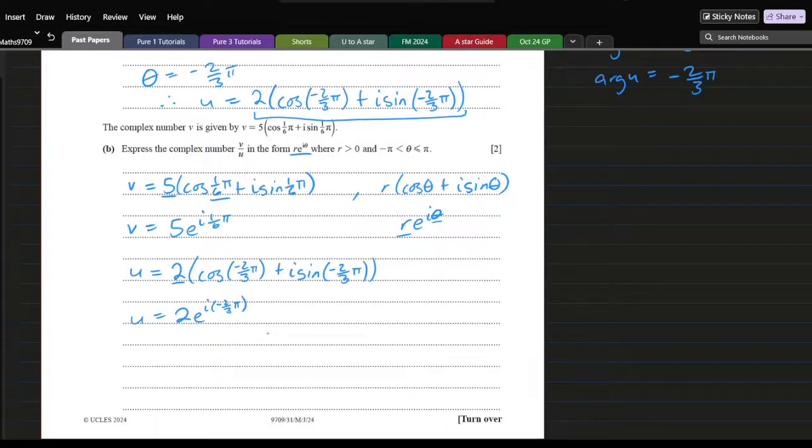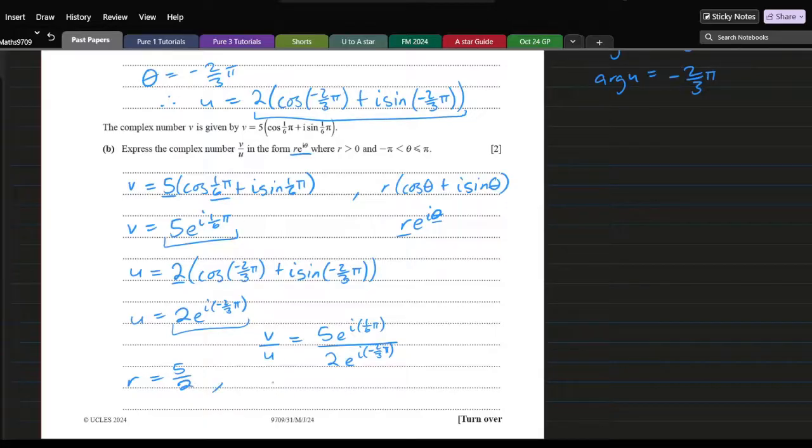And so v over u is equal to 5 e^(i 1/6 pi) over 2 e^(i negative 2/3 pi). To get our modulus, we're simply saying 5 over 2, that would be r.